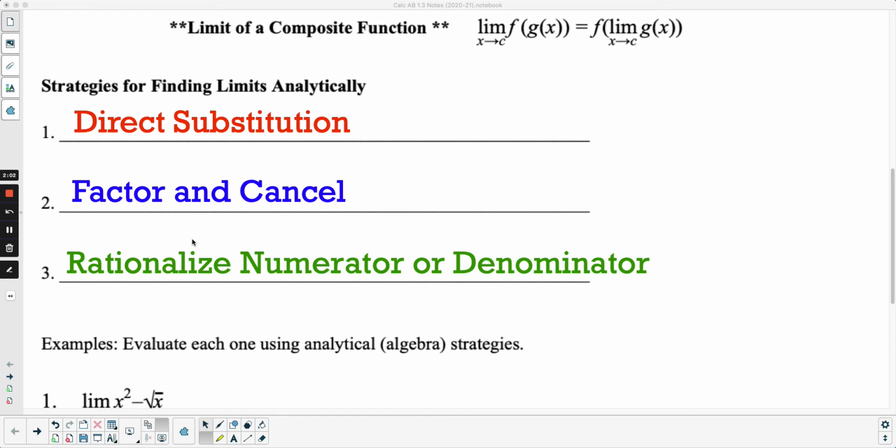If you have any radicals, you can try and rationalize the numerator or denominator, depending on where those radicals are. So if you can't factor and cancel, then you can always try and rationalize if you have radicals in there. Another strategy you can try is, if it's trig, you can try and use different trigonometric properties as well.